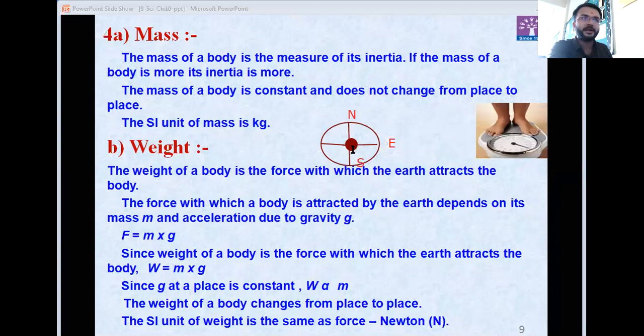So from the center, center to equator and center to North Pole, there is a difference, right?